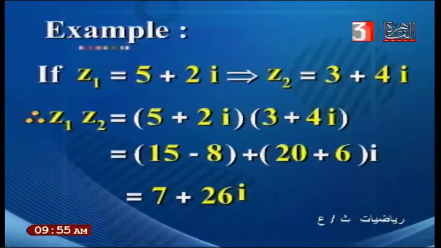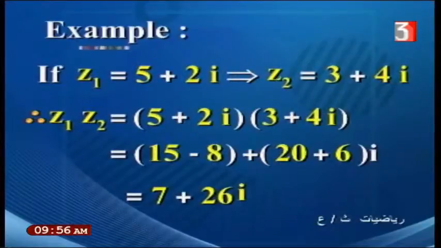Why? If we have z1 equals 5 plus 2i, z2 equals 5 minus 2i, z1 times z2 equals what? 25 plus 4 equals 29. Why? Because first times first equals 25, second times second equals negative 4i to the power 2, or equal to 4, so we add 25 plus 4 equals 29. My dear student, a complex number has real and imaginary parts.